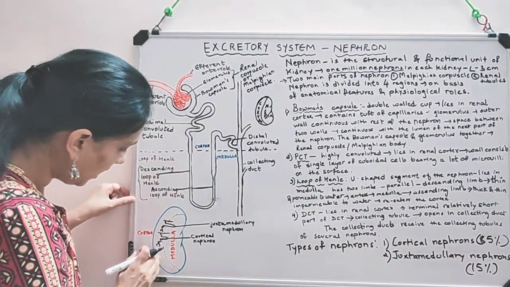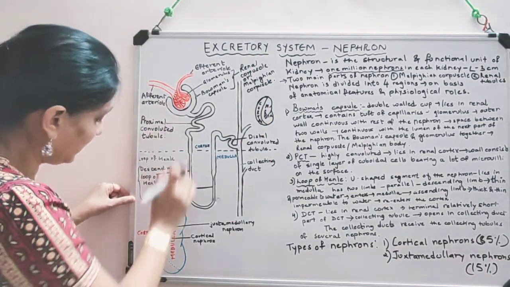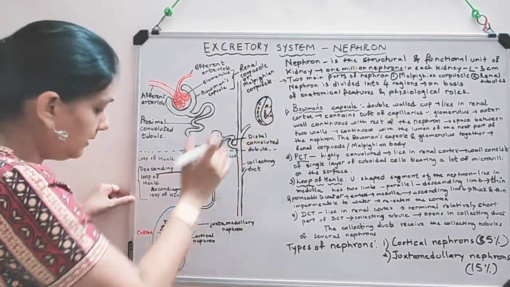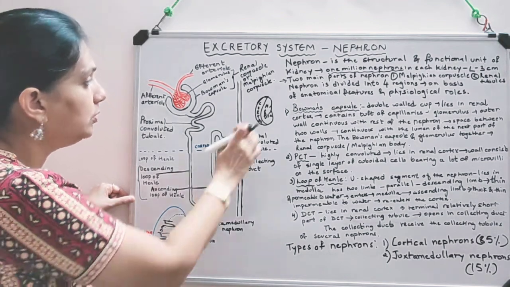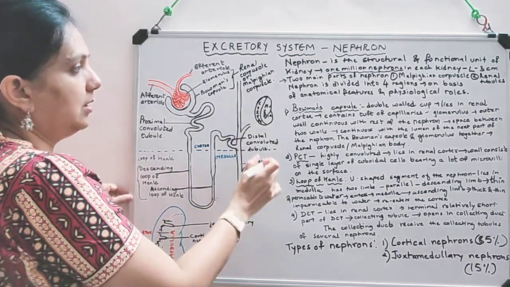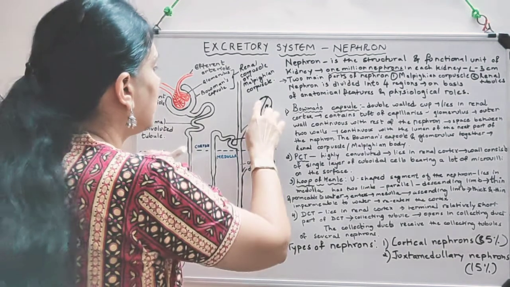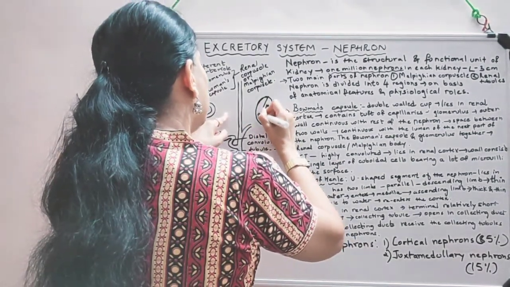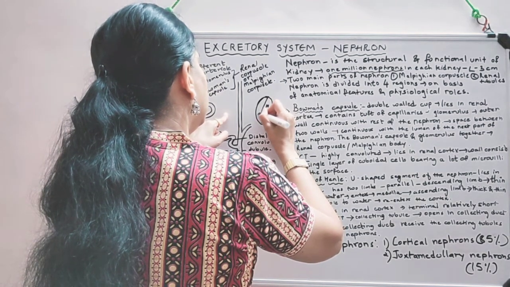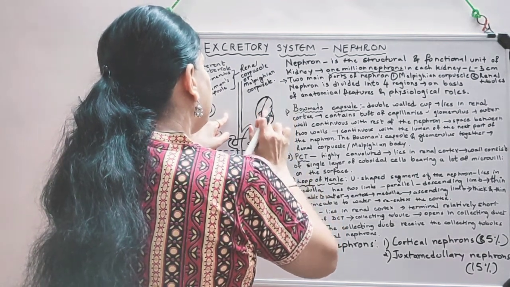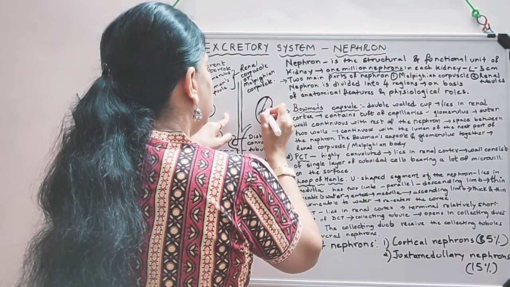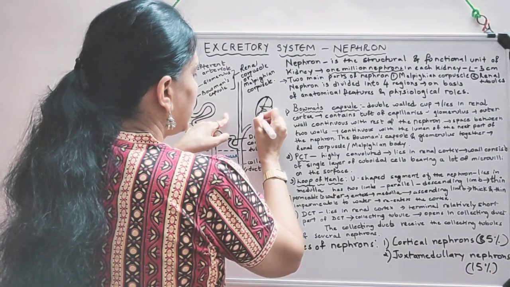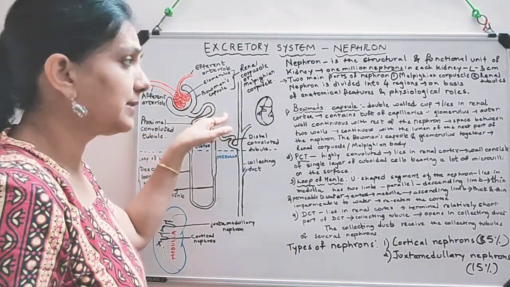The Bowman's capsule lies in the cortical portion of the kidney, and the rest of the tubule lies in the medulla. If I draw a nephron over here, it would be like this, a small portion over here, and then like this, and then the tubule like this. So you can see Bowman's capsule lies in the cortex.